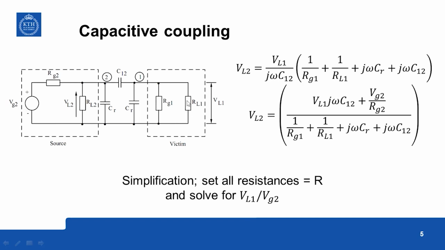Often when we have instruments, we have 50 ohms. So let's say that all resistors involved have a common resistance R. Then in that case we solve for VL1 and VG2. Then we get more simplified expressions that can be handled.